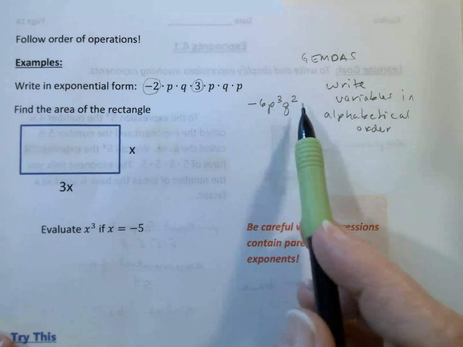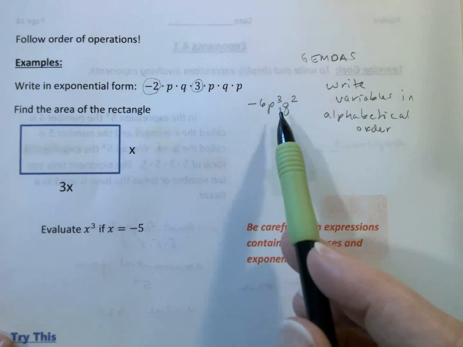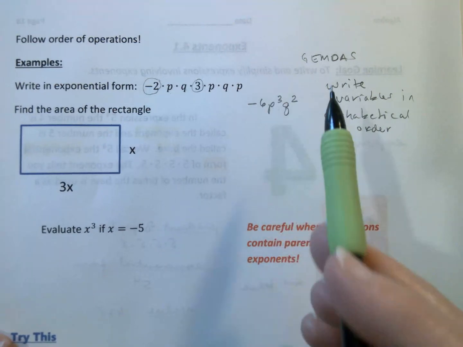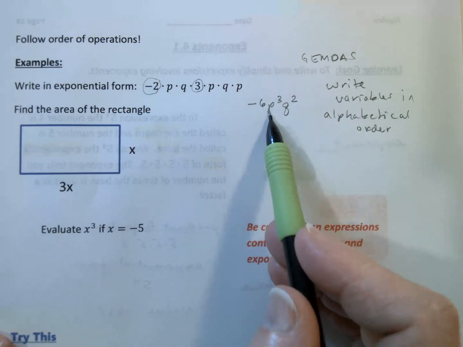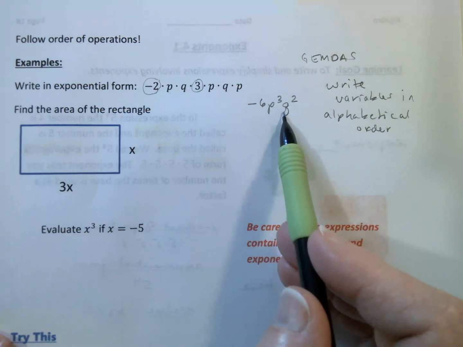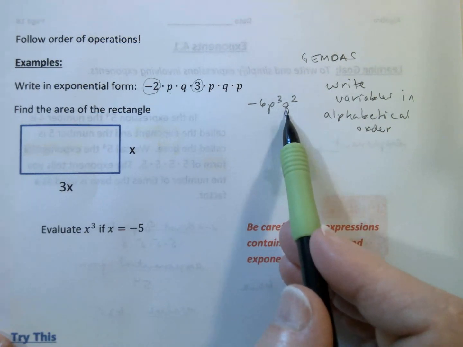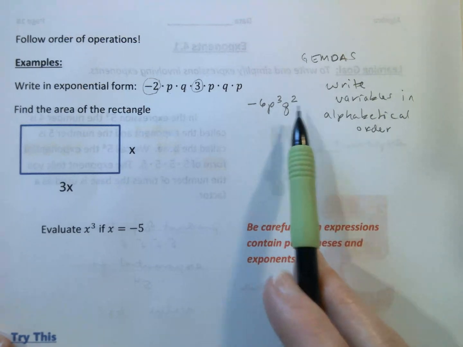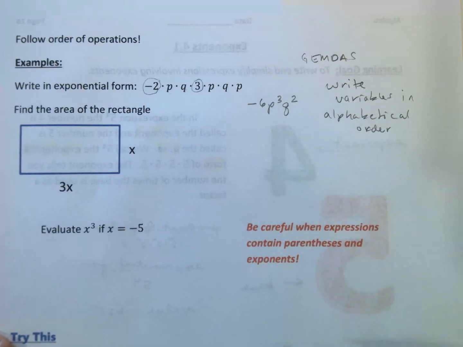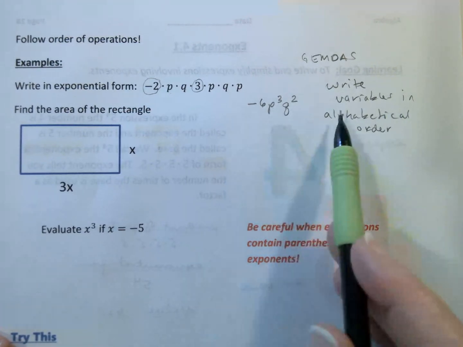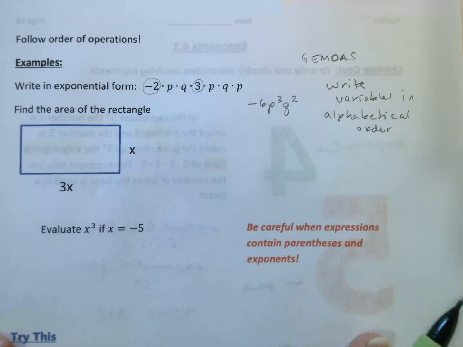You might have 2 or 3 different variables, and in order to figure out which terms are like terms, it's very, very helpful if you've got your variables already in alphabetical order. It just makes it easier to figure out. And mathematicians like things nice and orderly, so anytime you've got letters involved, we go by alphabetical order.